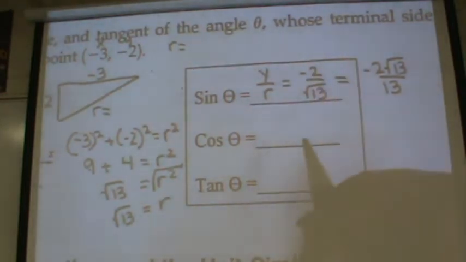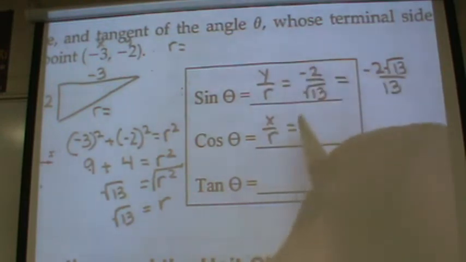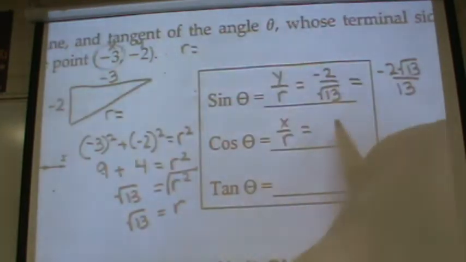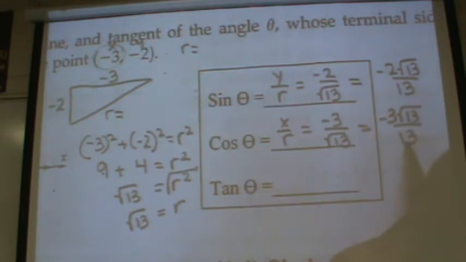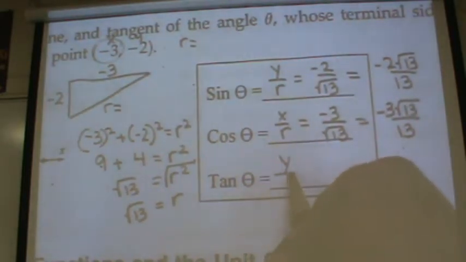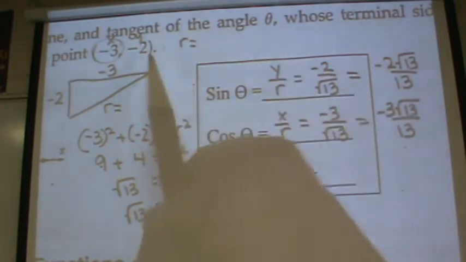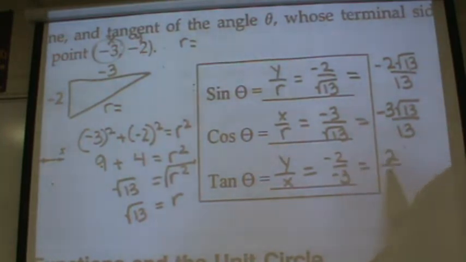Cosine is x over r. Well, the x value is -3, and the r value is root 13, and again, rationalize it. And then tangent is y over x. The y value is -2, the x value is -3, and simplify: 2/3.